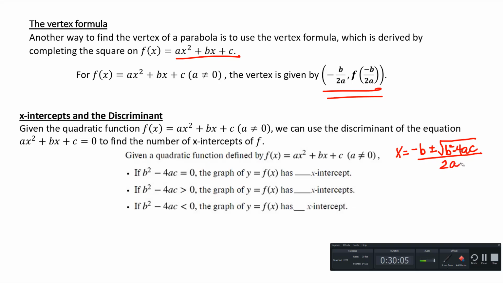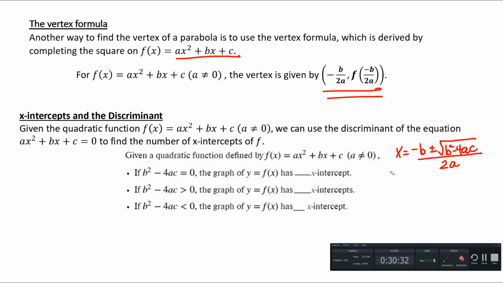That tells you the solutions to the equation ax squared plus bx plus c equals 0. And so that is the x-intercepts of a function. It's when the function itself equals 0, what does x equal? All right, so the quadratic formula tells us what the solutions to that equation are, therefore what the x-intercepts are.